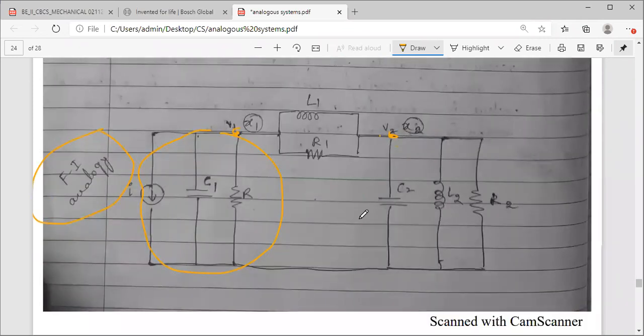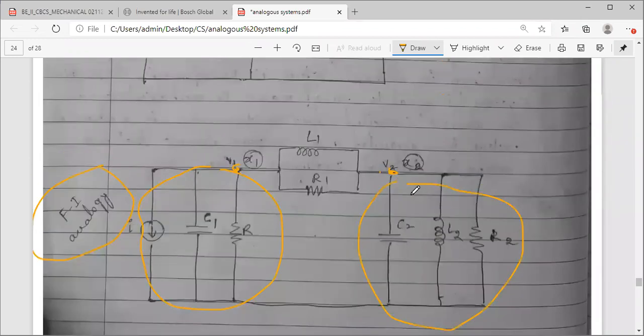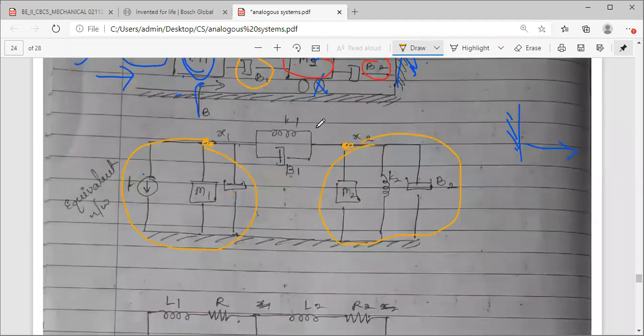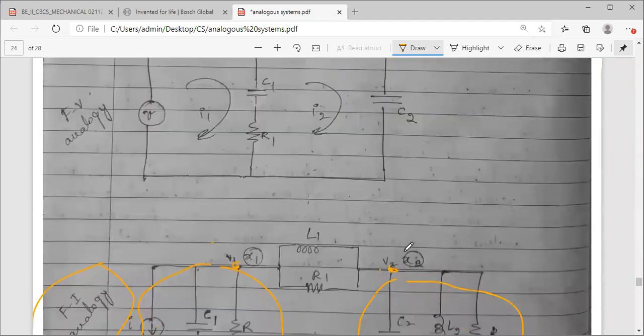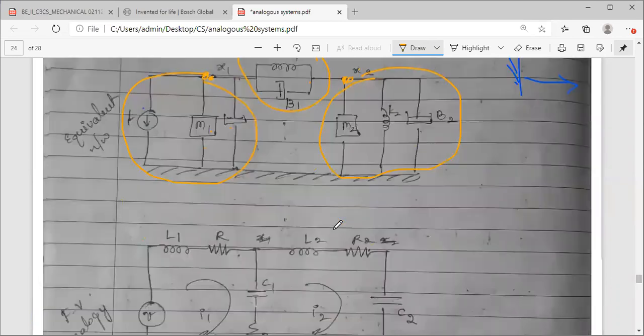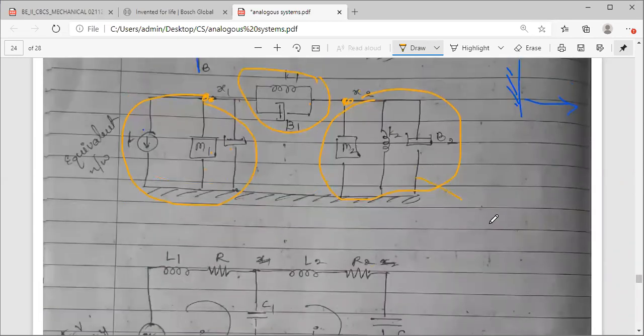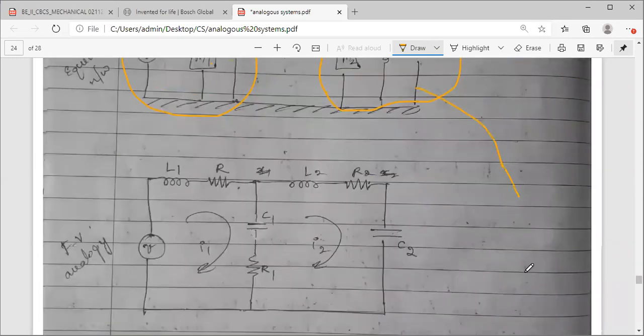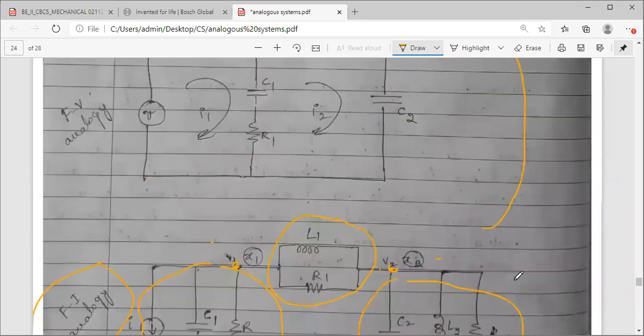For the second node, I also have three elements connected in parallel. In between the two nodes, we have two parallel elements. So whatever equivalent network you draw, if you simply replace the elements with their equivalents, you will get the force current analogy.